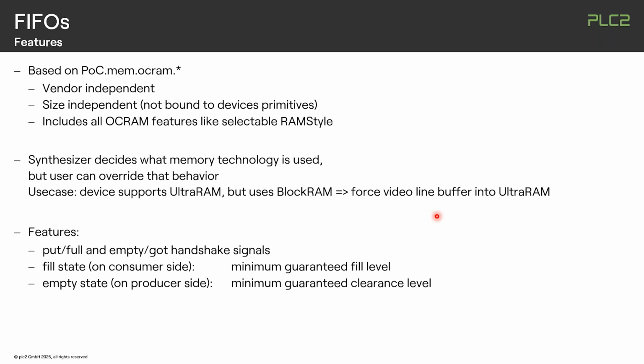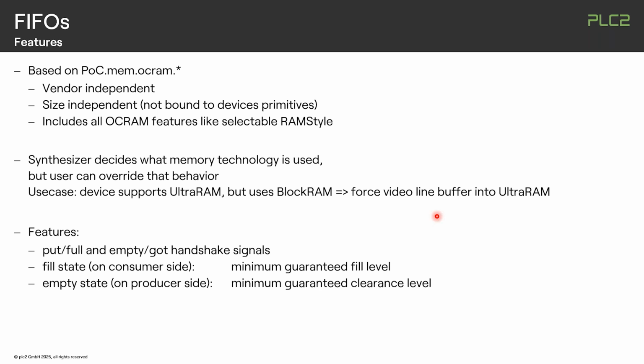All is possible. In addition, our FIFOs provide a fill state. The fill state is on the consumer side, and it gives you a minimum guaranteed fill level. Usually, we set up the fill state with a number of bits. So in case you select 2 bits, you get a quarter, half, or 3/4 of full as an indication. And on the producer side, the writing side, you have an empty state, which is a minimum guaranteed clearance level.